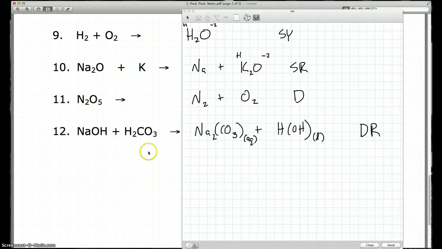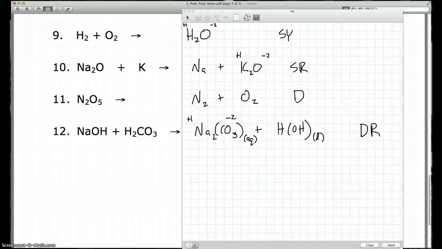That would be incorrect. And lastly, number 12 is a double replacement, two couples dancing. I make sodium and carbonate, and again I did the switch trick here. +1 for this one, -2 for that one, switch trick. And I'm left with HOH, which is water. And remember, one of our products must be water for the reaction to occur.